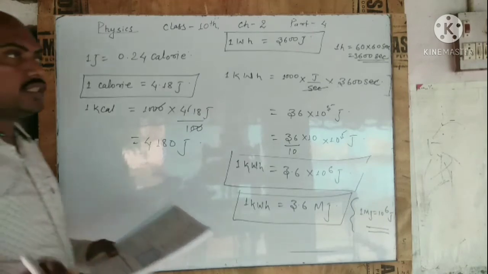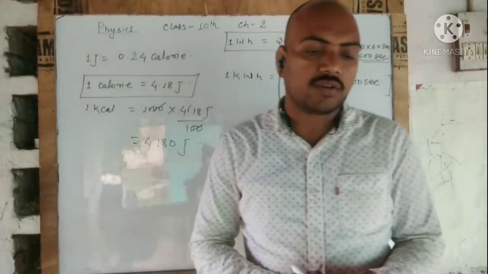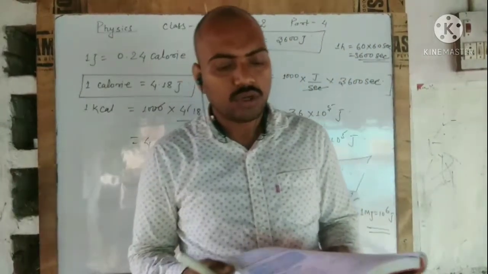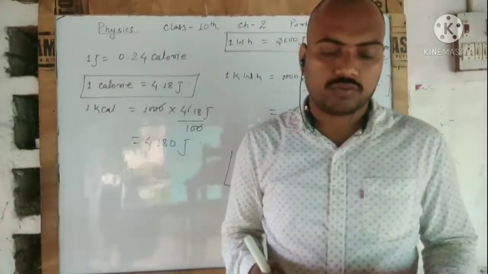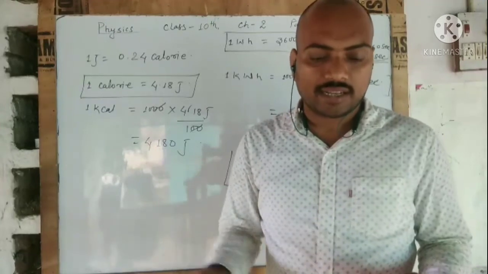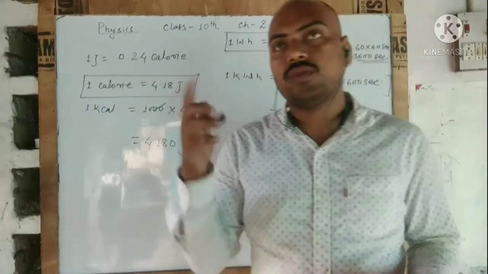Another unit is electron volt. The energy transferred in the case of atomic particles is very small, so it is measured in electron volt. 1 electron volt is the energy gained by an electron when it is accelerated through a potential difference of 1 volt.